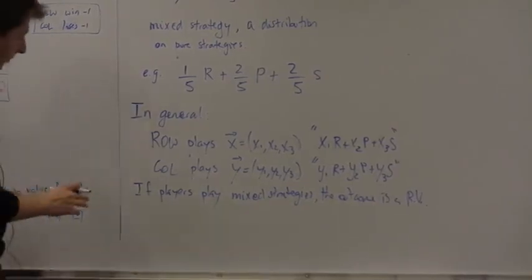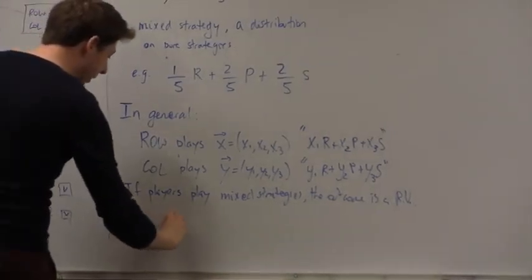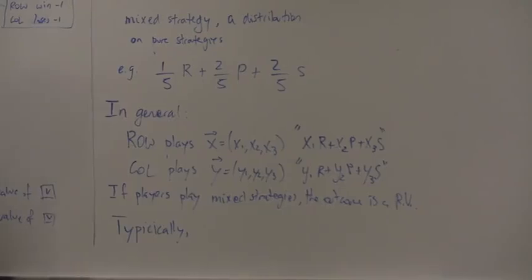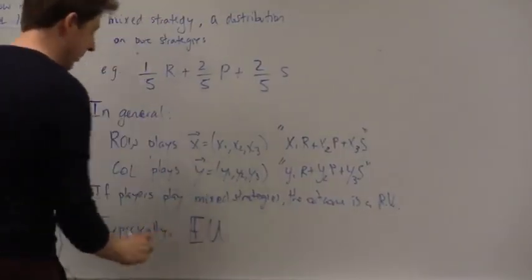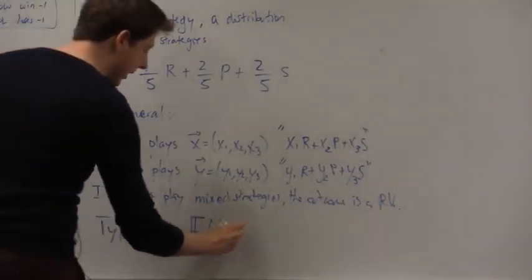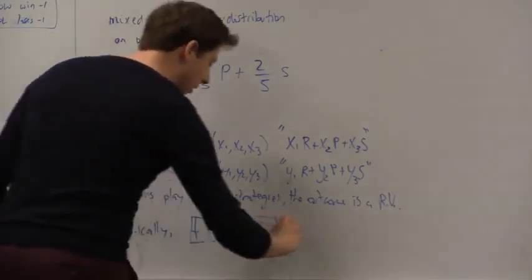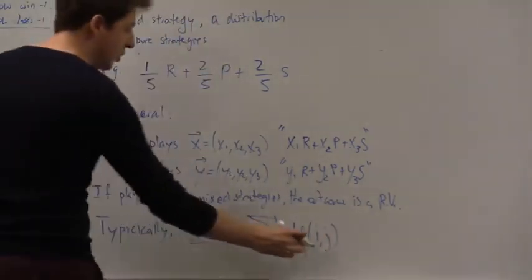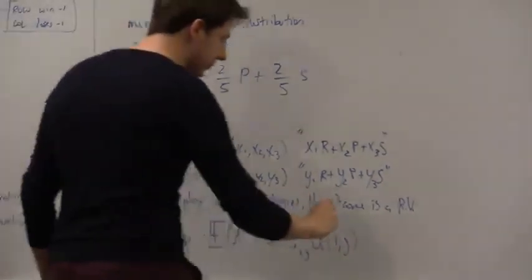So typically, what people do is look at the expected value of the outcome. This is called the expected utility. It's the expectation of the utility, and it's just the sum over all i and j of outcome i,j, which denotes the cell inside here, times xi yj.